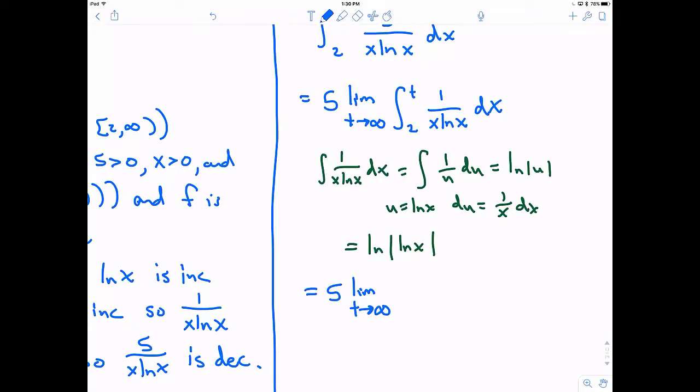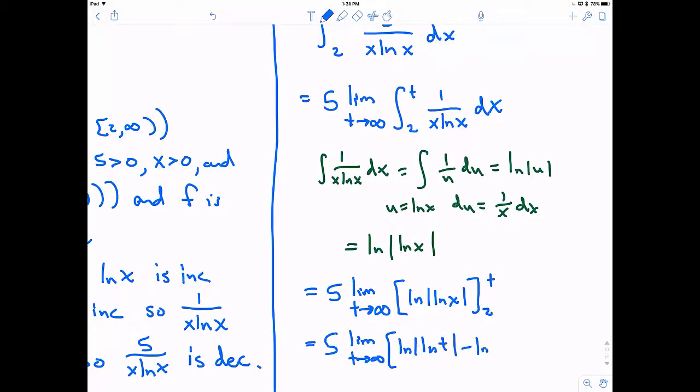So this is going to be the limit as t goes to infinity of, now my integral is the natural log of the absolute value of the natural log of x from 2 to t. So when I plug in t, everywhere I see an x, I'm now going to write a t. And then I'll plug in 2 and subtract this away. So minus the natural log of the absolute value of the natural log of 2.